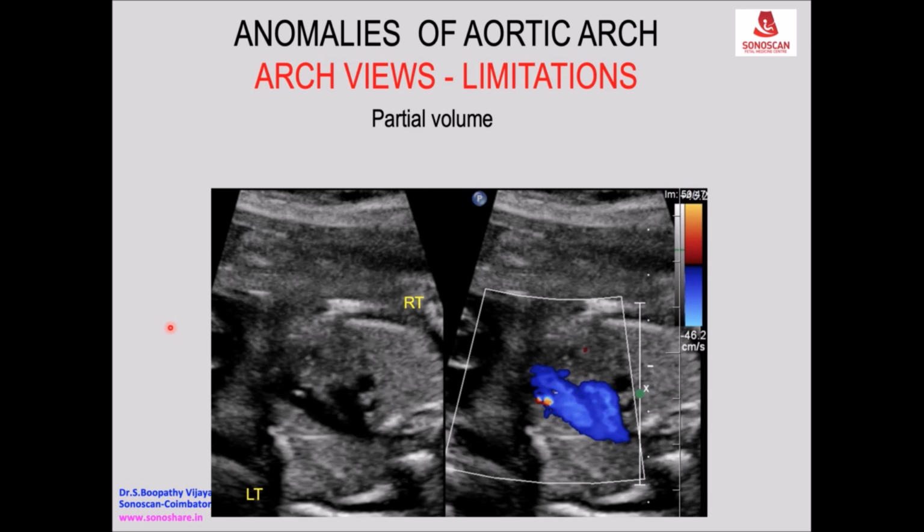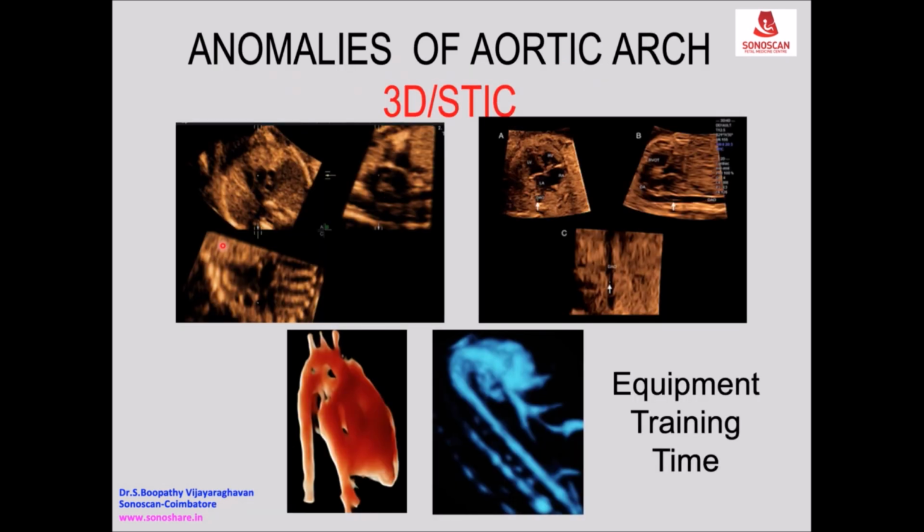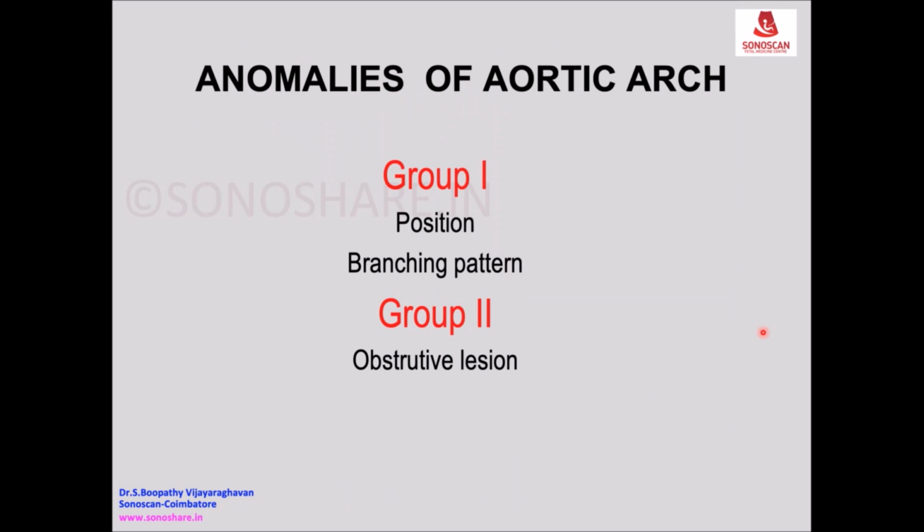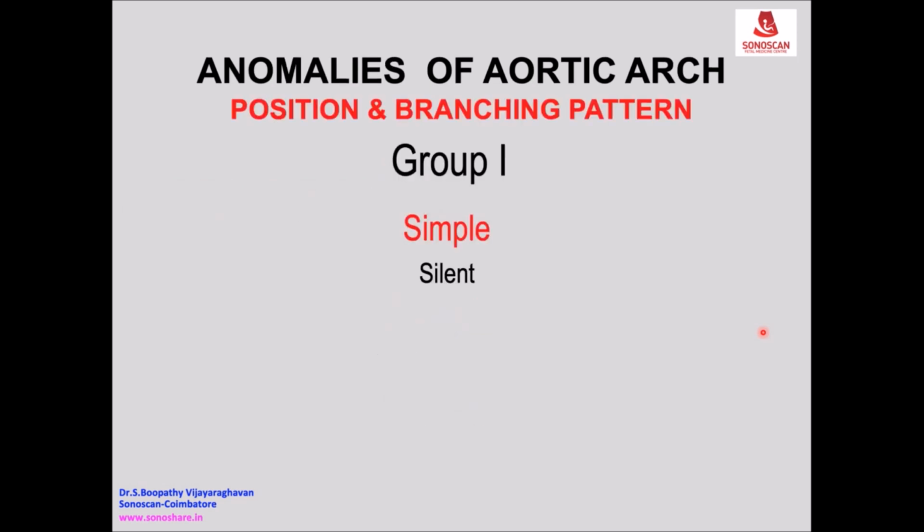It is not paper thin, so it has a width, and as a result the beam has a width. Taking a volume, you can reconstruct the arch views, which will eliminate the disadvantages in the obstructive lesions due to obstruction in the aortic arch, that is, coarctation of aorta and interrupted aorta, natally or postnatally.